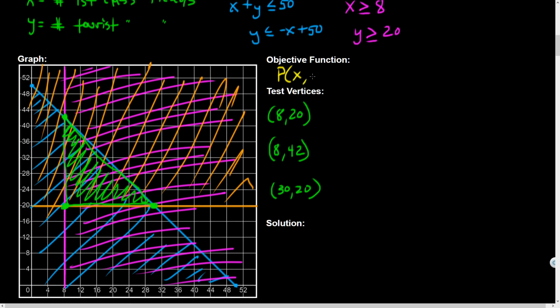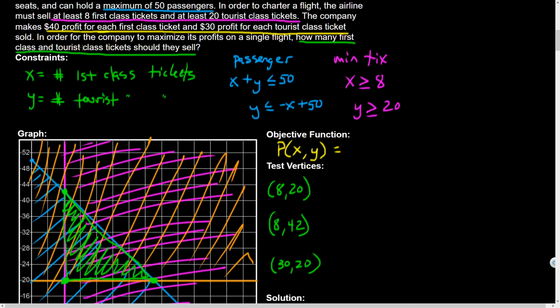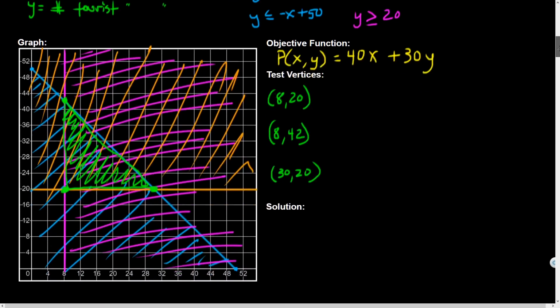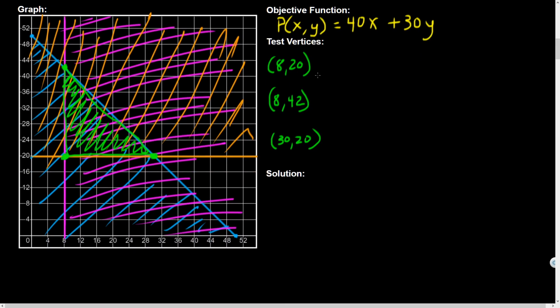Instead of p of x, it's p of x comma y is going to equal, oh dear, I gotta keep scrolling back. Here we go, $40 for every first class ticket, so 40 times X, and $30 for every Y, for every tourist class ticket. And so here's the profit equation that I want to optimize, the objective function.